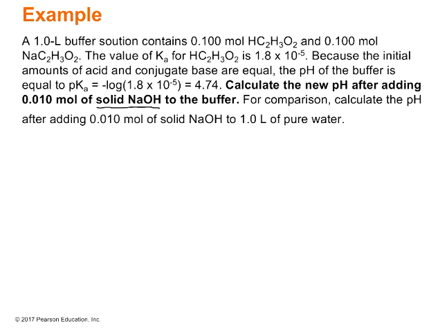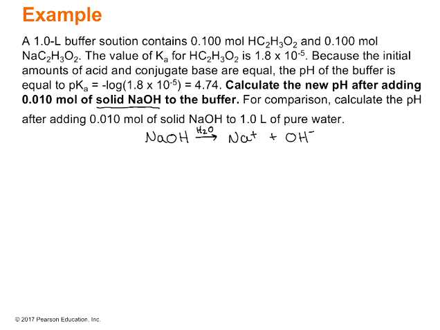So let's start by writing out the reaction between the buffer and sodium hydroxide. Remember that sodium hydroxide dissociates in solution to produce sodium ions and hydroxide ions. This dissociation occurs about 100%.